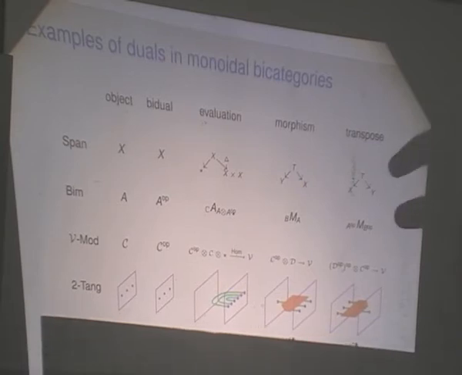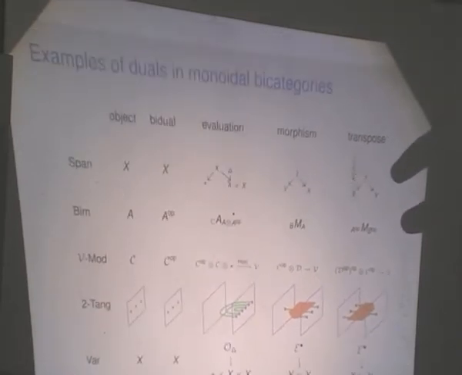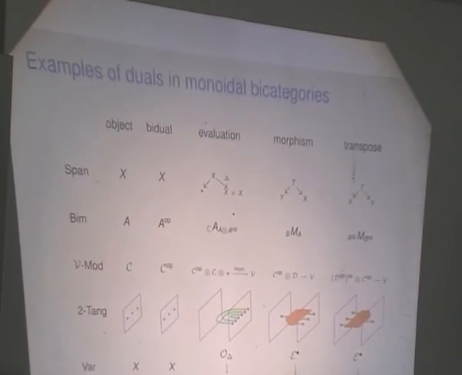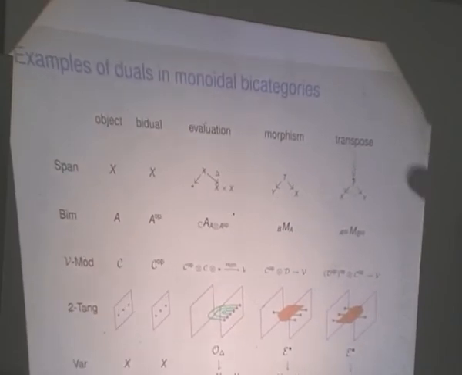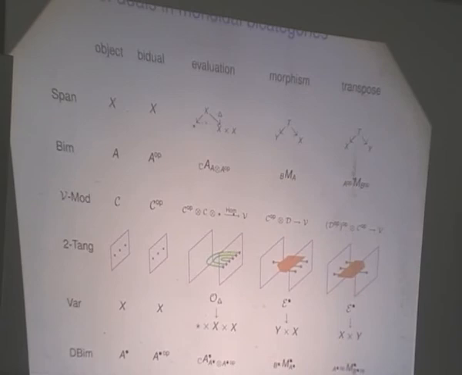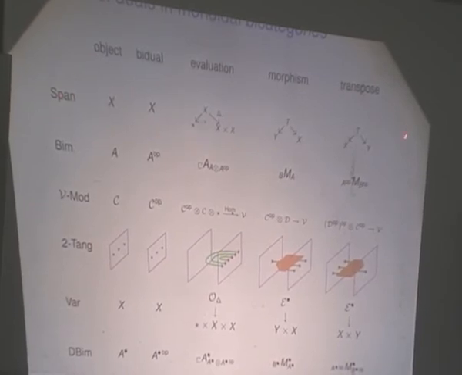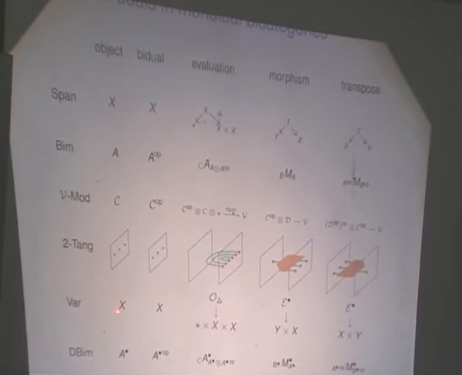And similarly, the last two examples are very similar to the top examples. So the derived version of this, you get a very similar picture. A complex manifold is self-dual, and you get an evaluation sheaf, which is just the structure sheaf of the diagonal, so it's a bumped up version of this.